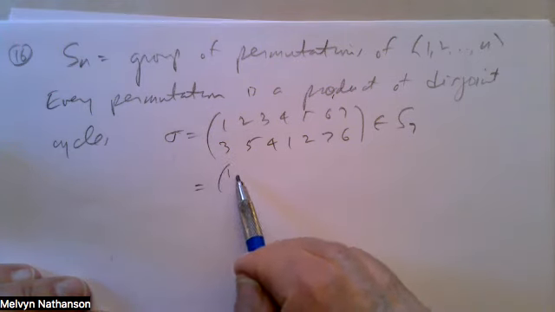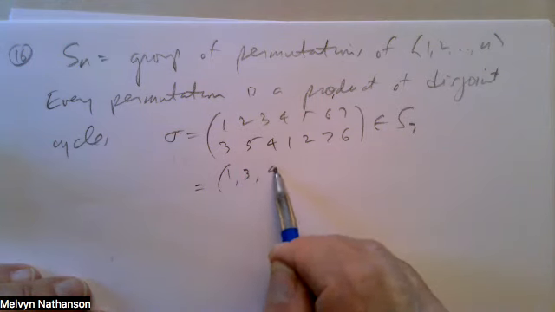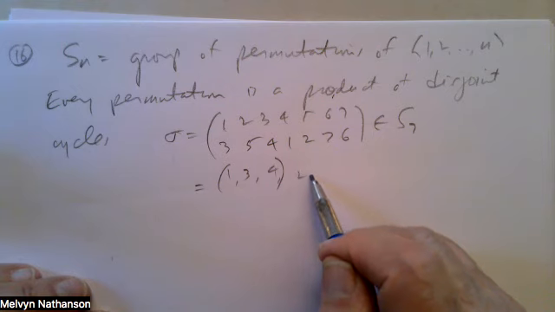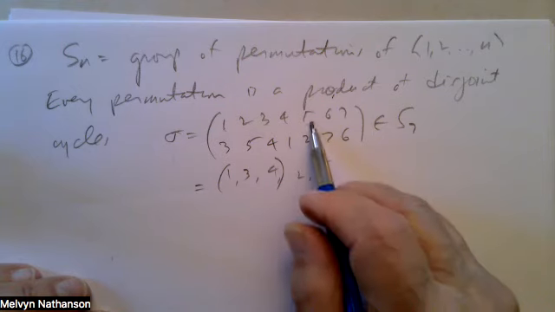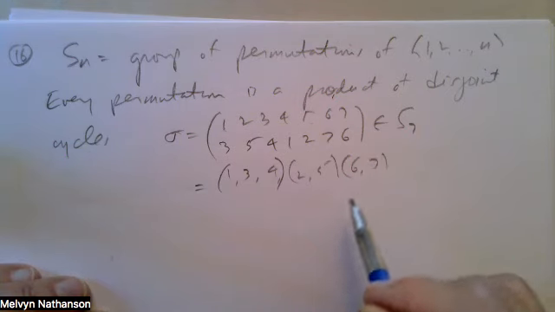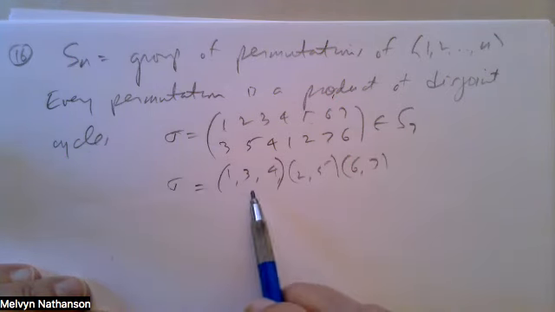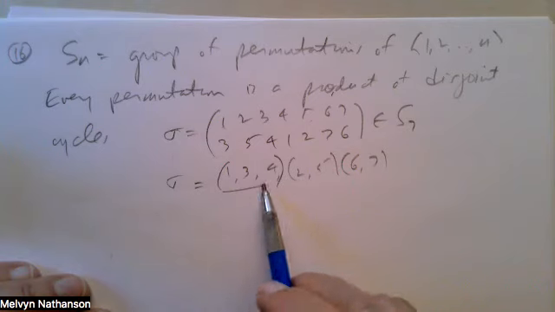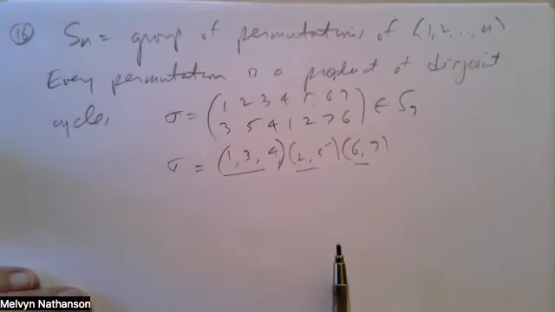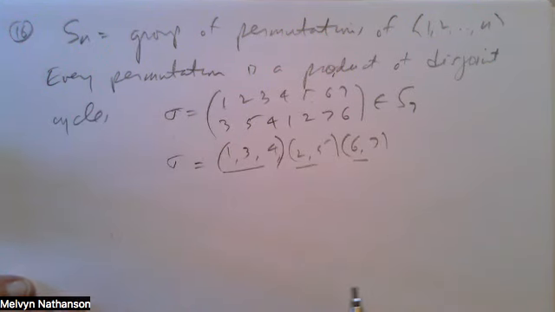Let's see, 1 goes to 3, 3 goes to 4, 4 goes back to 1, 2 goes to 5, 5 goes back to 2, 6 goes to 7, 7 goes back to 6. So here I have 3 cycles, a 3 cycle, a 2 cycle, and a 2 cycle. So every permutation is a product of cycles.